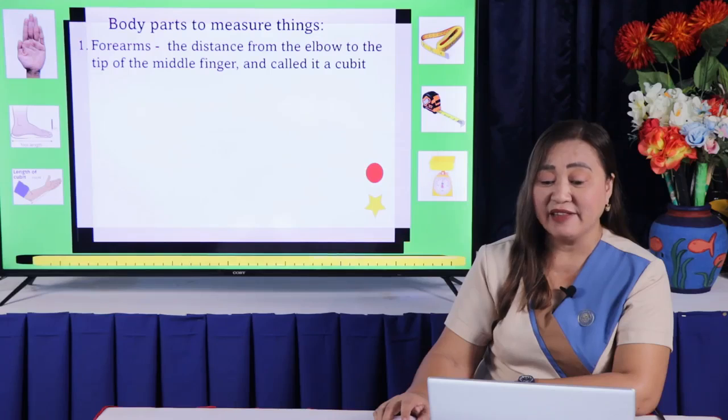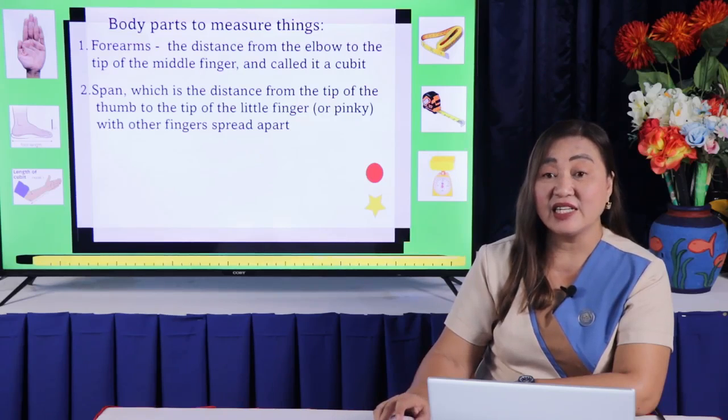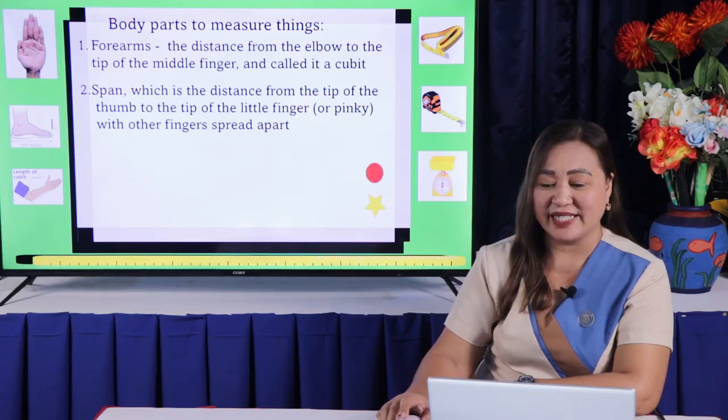To measure length, people use their forearms, that is, the distance from the elbow to the tip of the middle finger, and called it a cubit. Another is span, which is the distance from the tip of the thumb to the tip of the little finger or pinky, with the fingers spread apart.